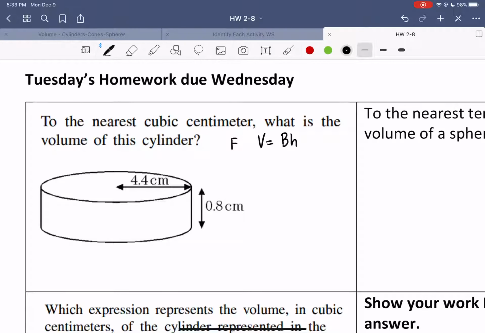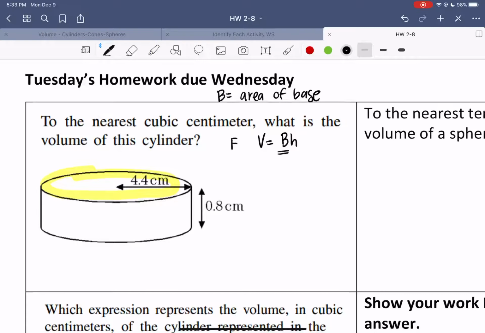What we have to remember is that capital B equals the area of the base. In our case right here, our base is a circle.